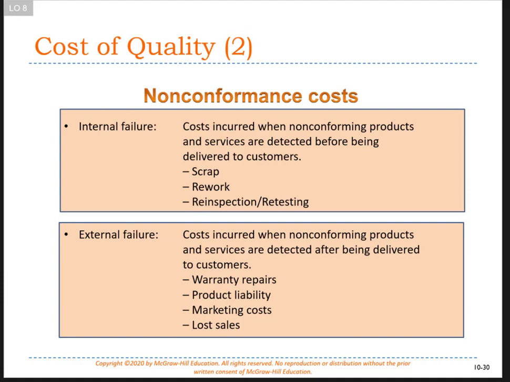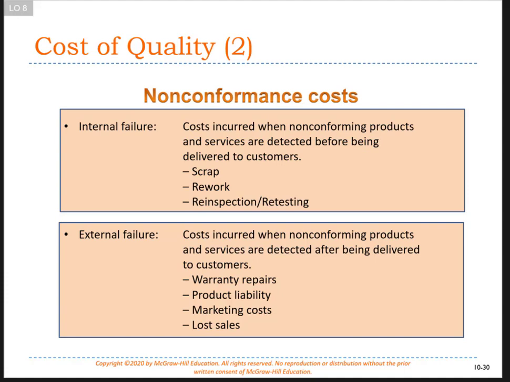On the non-conformance side, what happens if you don't? That's what you have to pay to make sure you meet specifications. What happens if you don't make specifications? Okay, you have to either rework it or scrap it, throw it out. Okay, you're missing out on that contribution margin.